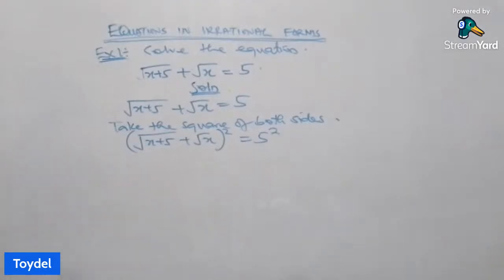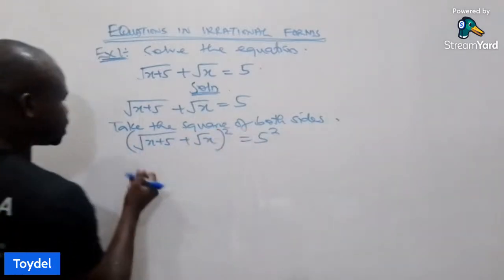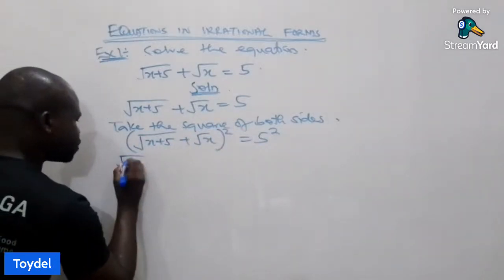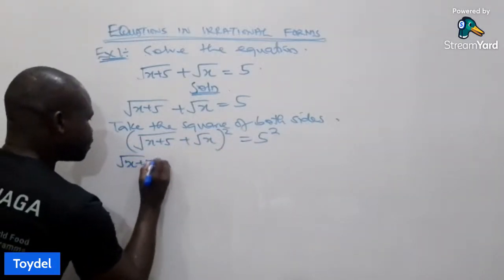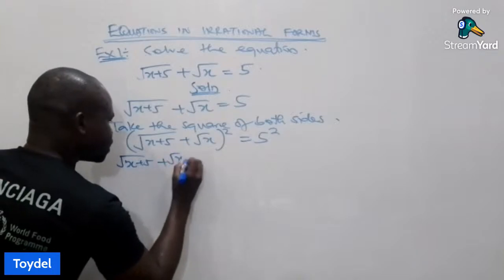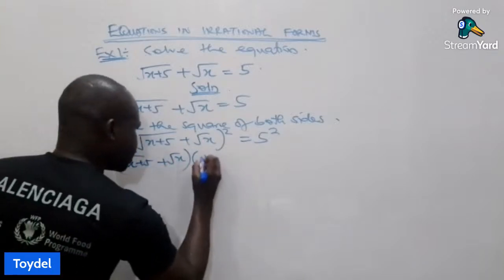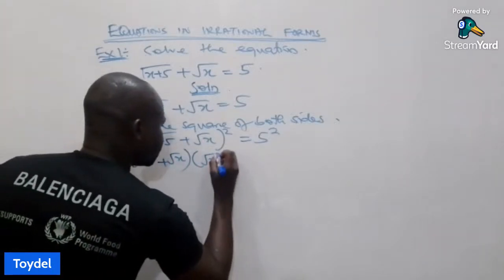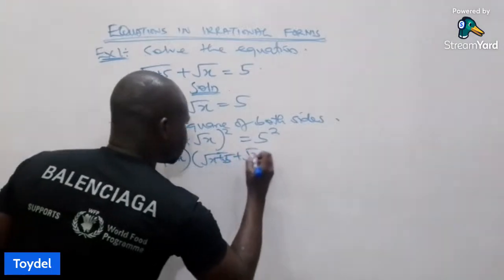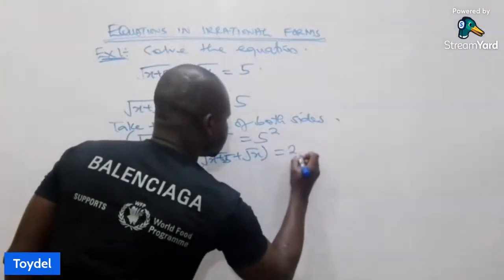Whatever you do to the left, you do to the right for balancing. That is the first step. Then if I take the square of this side, I'm going to have square root of x plus 5 plus square root of x, into bracket, square root of x plus 5 plus square root of x, is equal to 25.